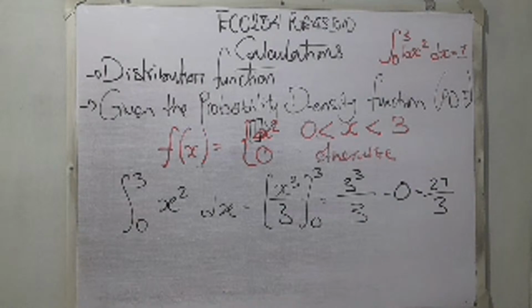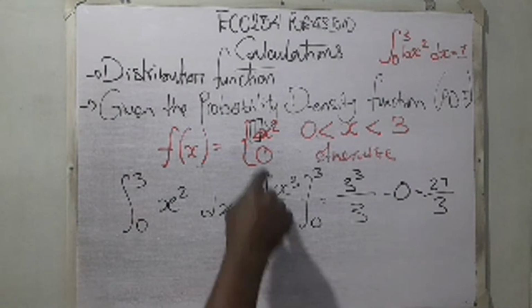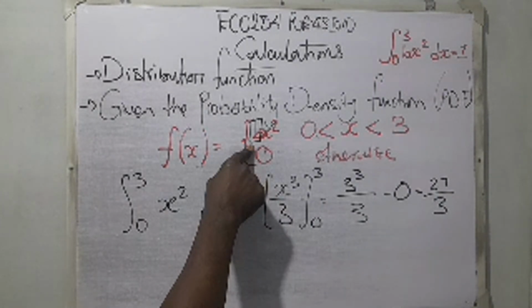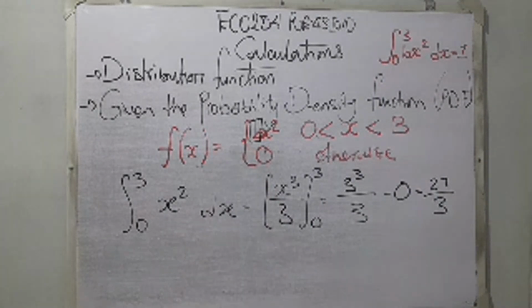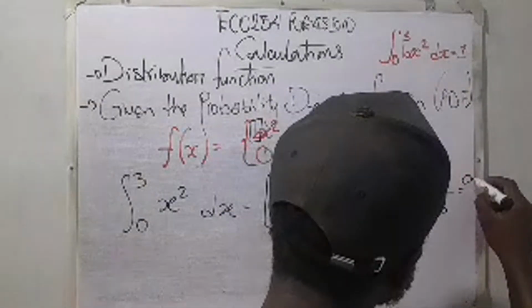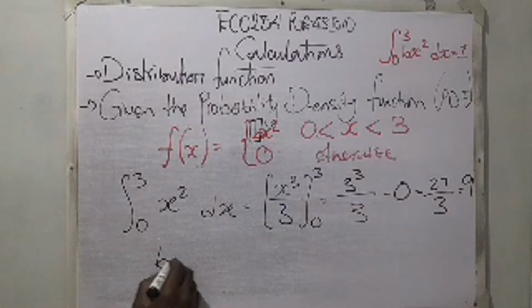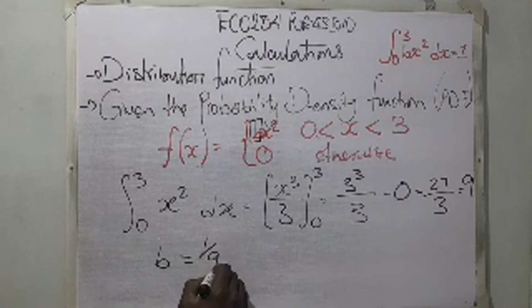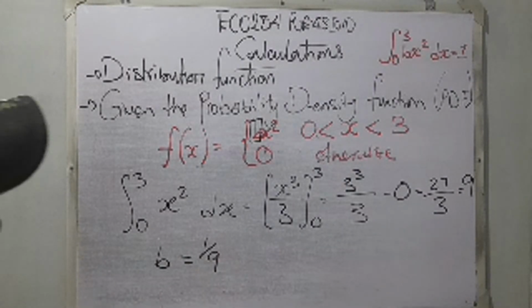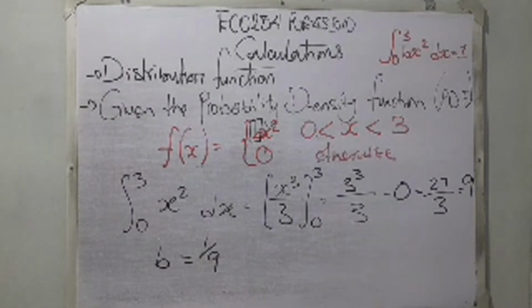Don't forget that we were solving for the value of this, and we have been able to get 9, which is b, equals 1 over 9. Are we together? Now that we know what b is, then we can proceed.